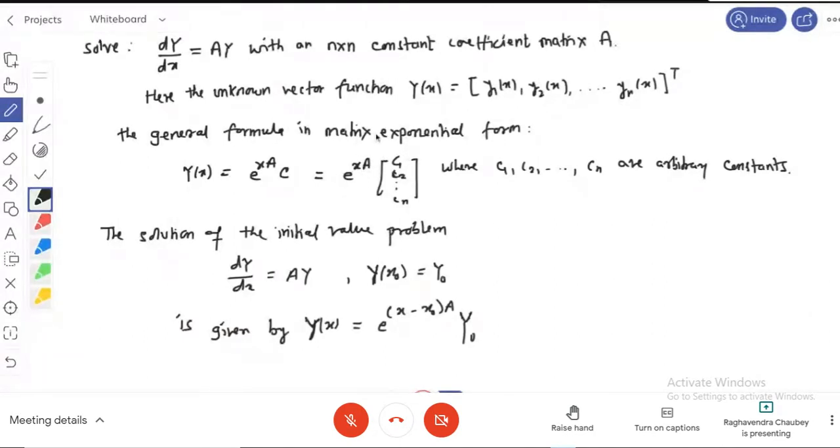So what is the definition of the matrix exponential?